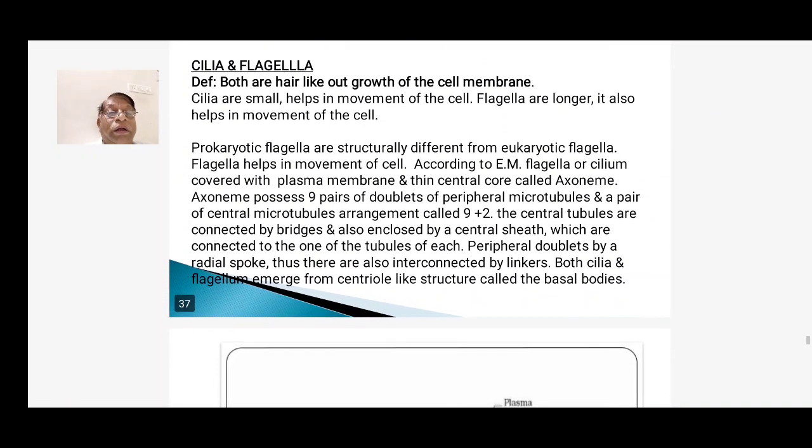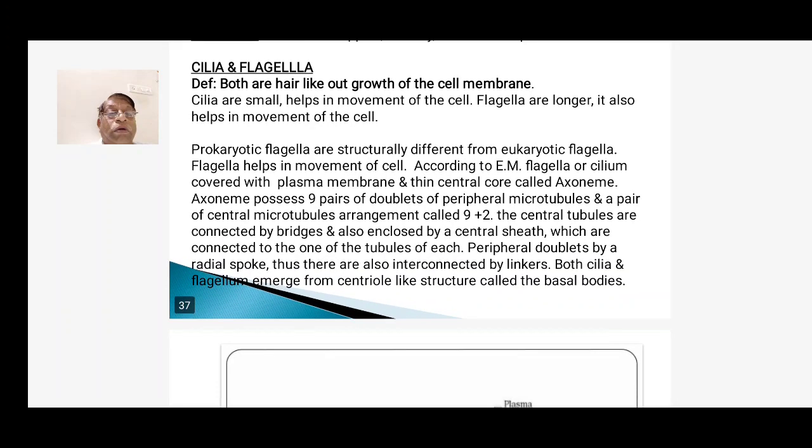You can see the radial spoke. Thus, they are also interconnected by linkers. You can see the interconnection also.